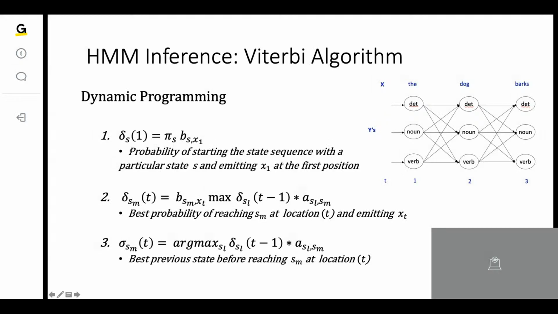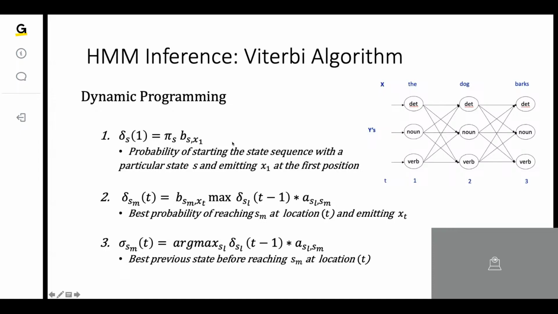The initial delta S of 1 is the probability of starting in the state S and emitting the symbol x1 in the first position. This is computed by the initial probability and the emission probability of being in a state S and emitting the word x1.